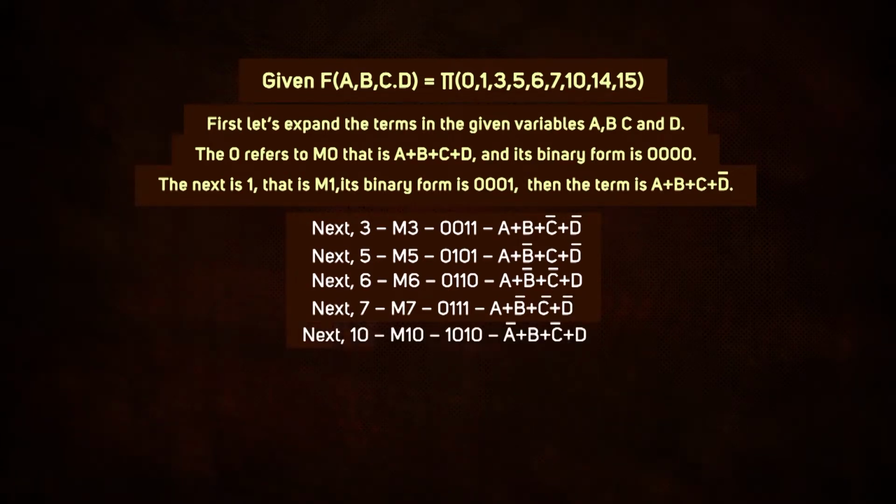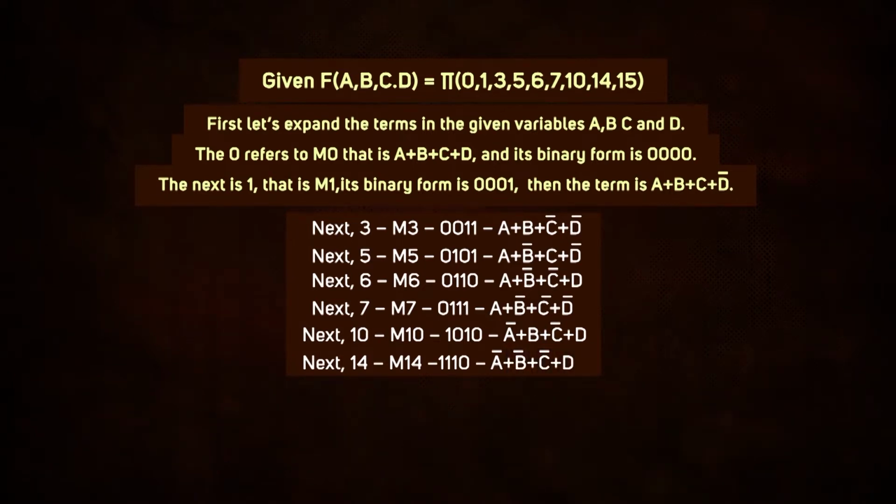Next 10, that is m10, binary equivalent 1, 0, 1, 0 and the max term a complement plus b plus c complement plus d. Next is 14, m14, 1, 1, 1, 0 and a complement plus b complement plus c complement plus d is the max term. And the last term is 15, which can be symbolized as m15 and the binary equivalent is 1, 1, 1, 1 and the max term is a complement plus b complement plus c complement plus d complement.